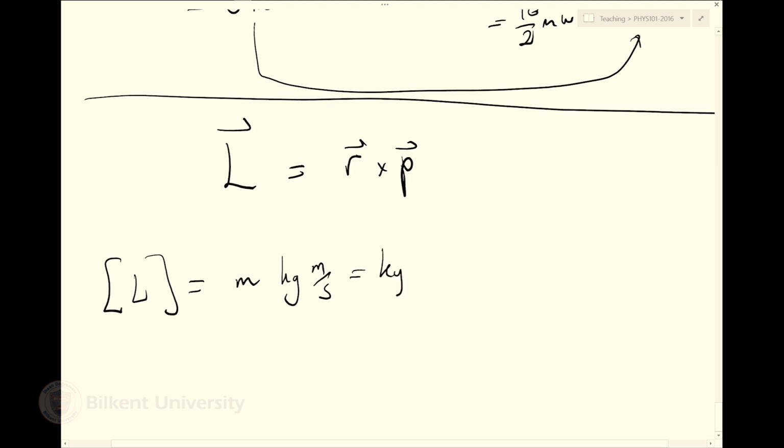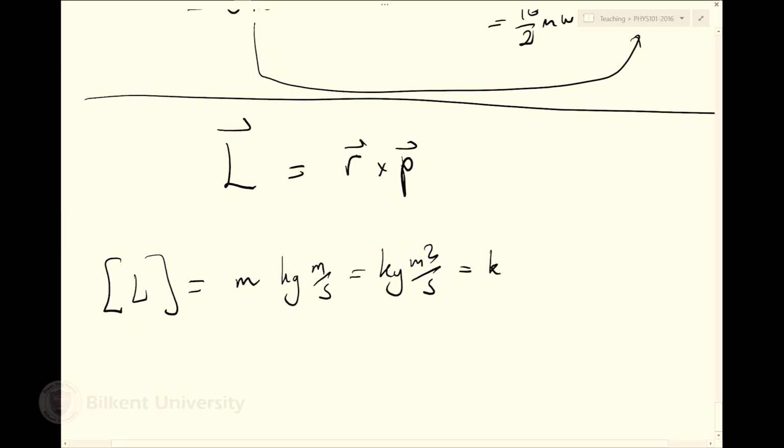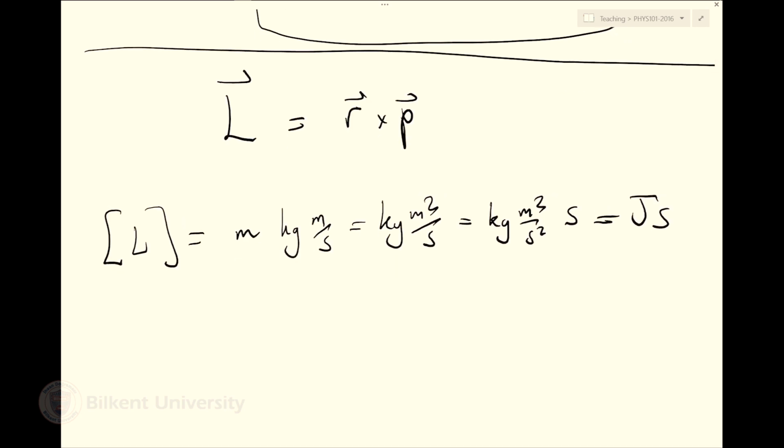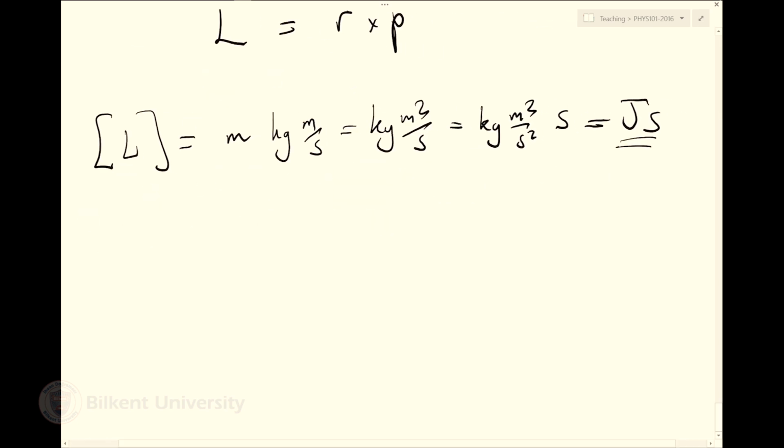So this is going to give me kilogram meter squared per second, which I'll write in a slightly different way: kilogram meter squared per second squared, times second, or joule second. Oh wow, that's kind of strange, but that's the way it is. And it doesn't get a special name, thankfully.